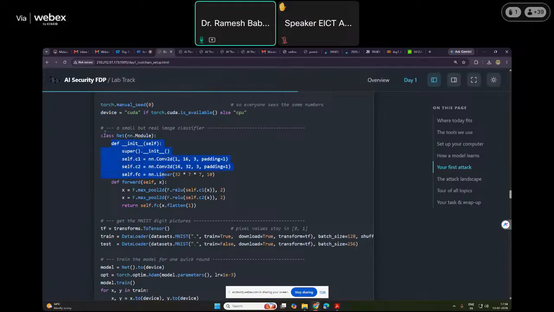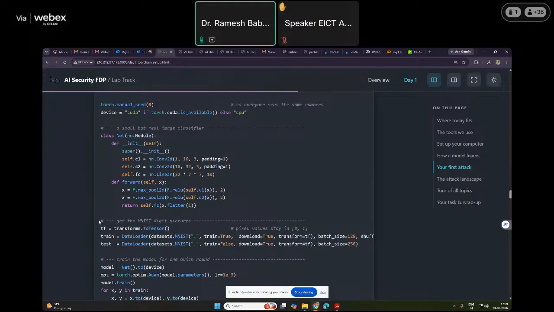It specifies a very simple convolutional neural network. These are the CNN layers, that is conv layer 1 and conv layer 2, and this is the fully connected network. And these are the parts of the forward propagation, having ReLU as the activation function. So it is a basic implementation of a CNN, nothing new.